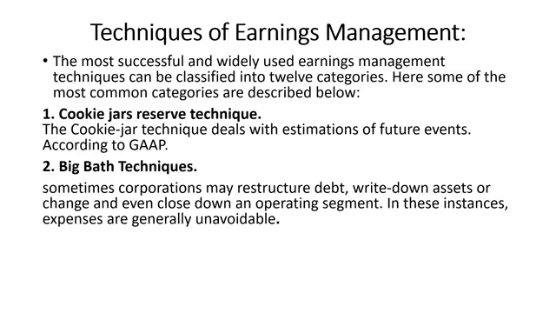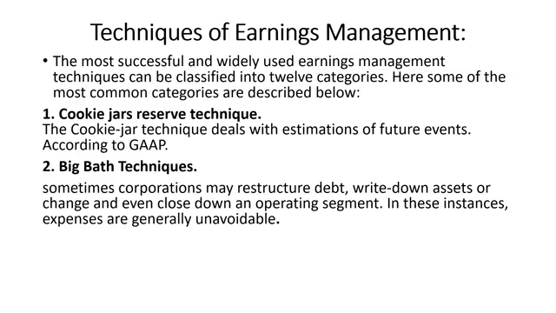This revision is just a hint, like a highlighter on the main points in each chapter. So the techniques of earnings management are about 12 categories, and these are the most common categories, described below.